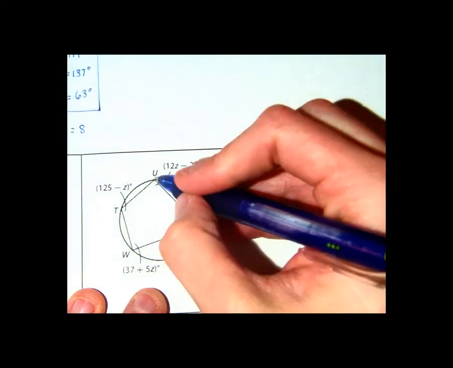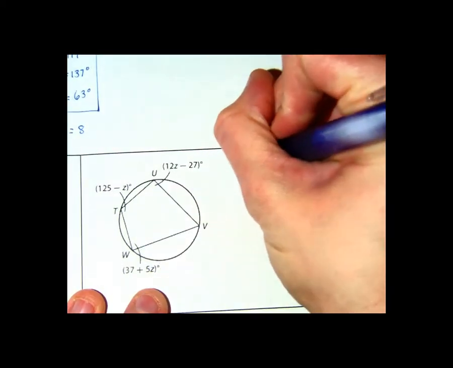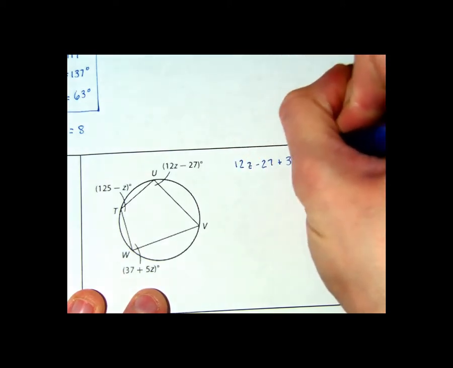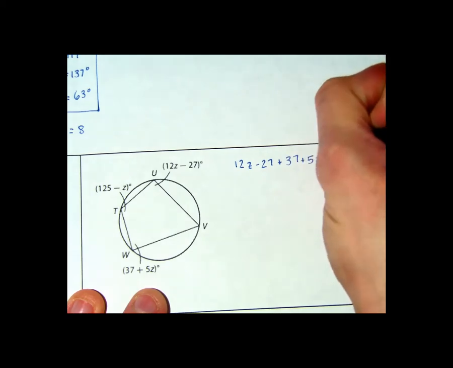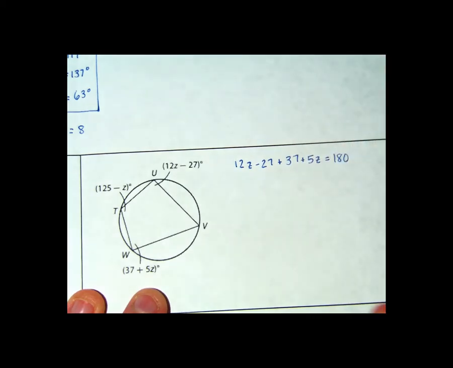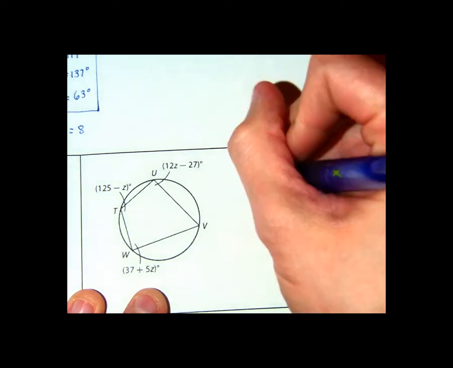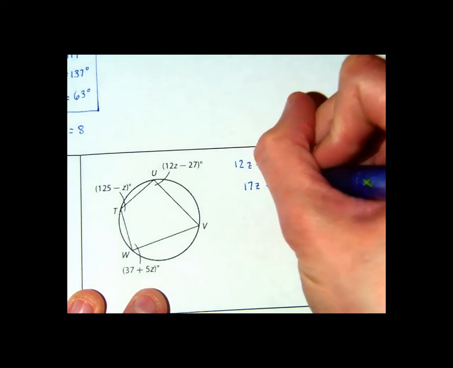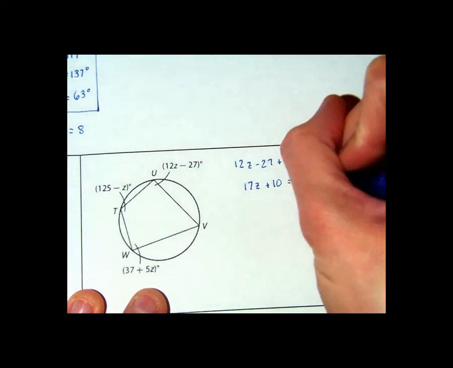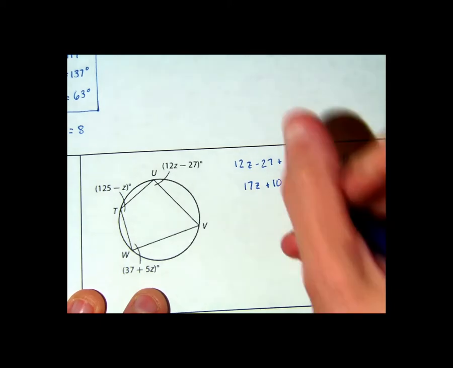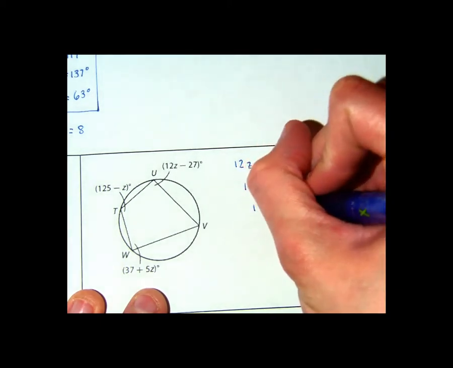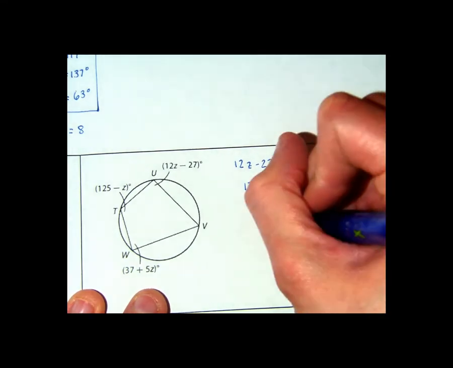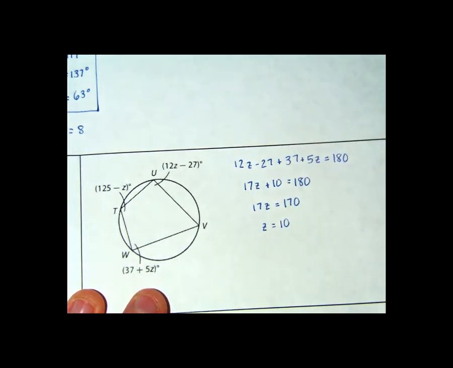The opposite angles are U and W. 12z minus 27 plus 37 plus 5z equals 180. 12z plus 5z, 17z. Negative 27 plus 37 is plus 10. Subtract 10, 17z equals 170. z equals 10 then.